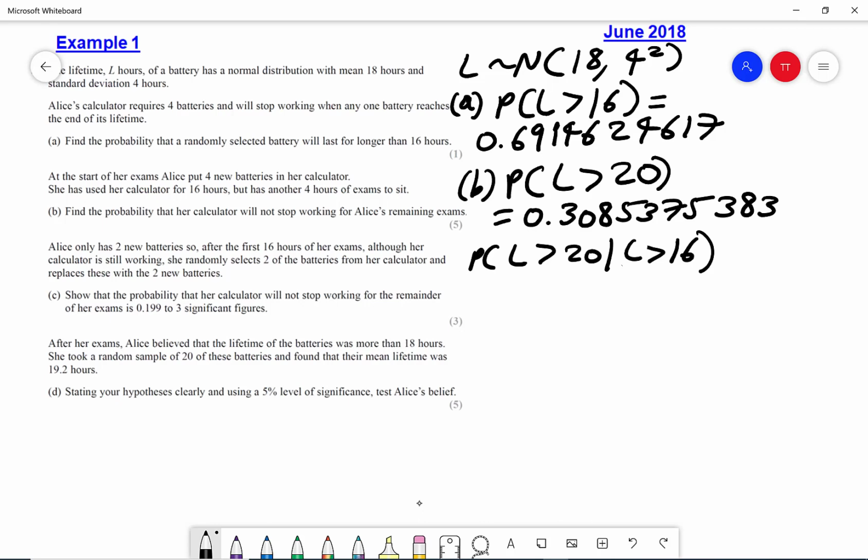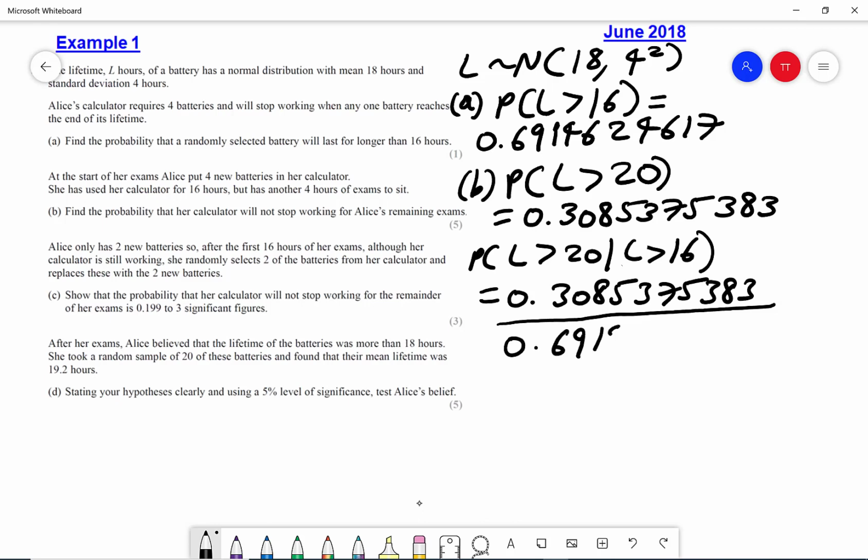So this is the same thing as saying we're going to have the probability that it's lasted more than 20 hours, which is 0.3085375383, divided by the probability that you've lasted more than 16 hours, which we know is 0.6914624617.